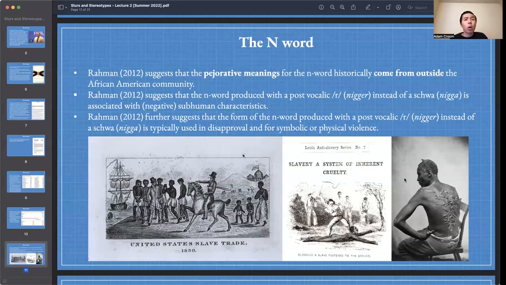So you might use the N-word to index or to communicate that a target is unintellectual, regardless of whether that's true or not, okay? The usage of the word is meant to index that, right? And also to hurt that target, okay? And not just this target as an individual, for example, as Bob or as John, right? But to hurt this target as a member of that ethnic or racial group, okay? African Americans, for example, for today.